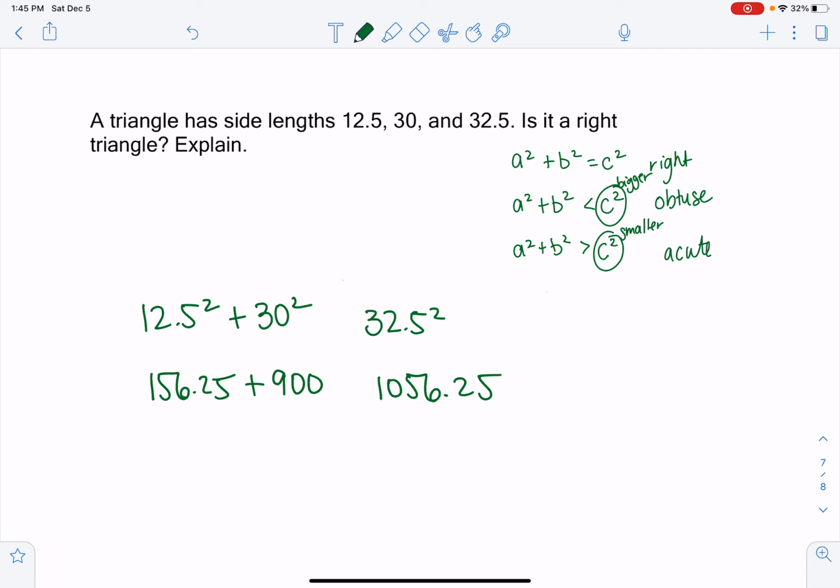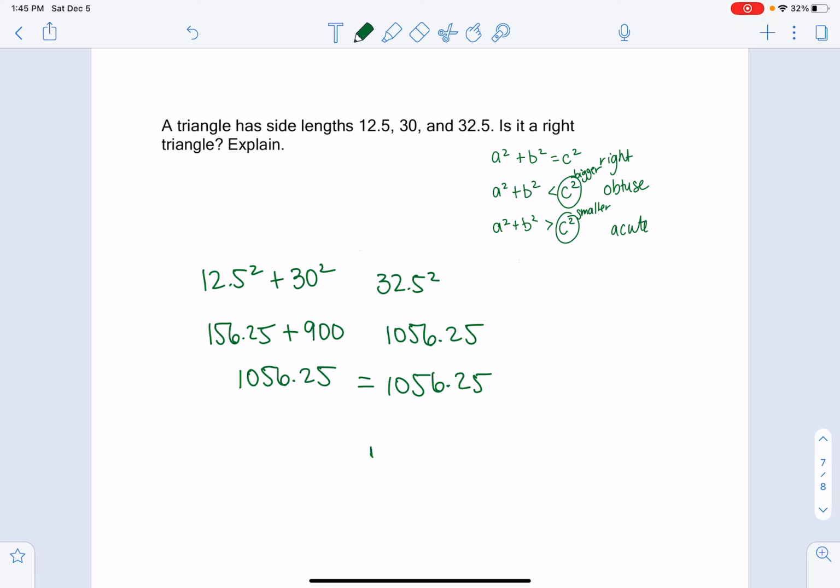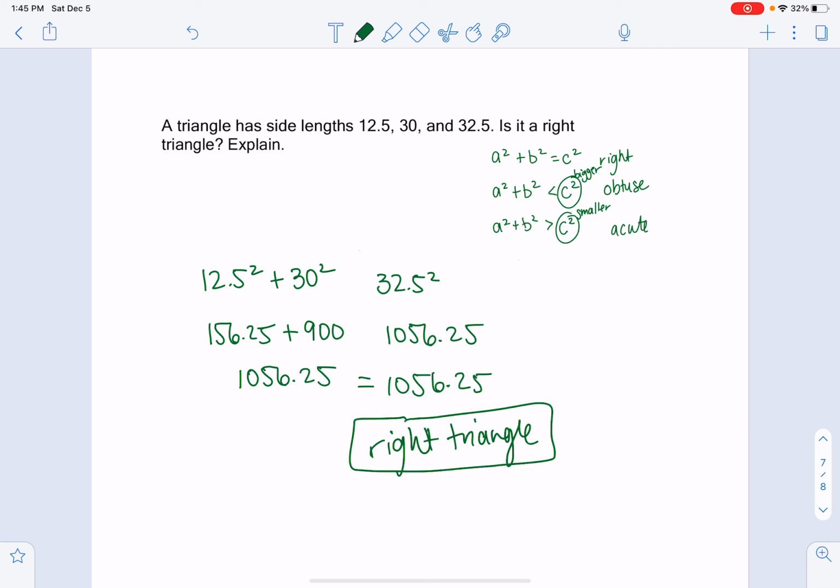So these two added together is 1056.25. This is 1056.25. And since those are equal, we can say it is a right triangle. And our reasoning there, I'll explain it verbally, is because the Pythagorean theorem does work. a squared plus b squared does equal c squared. So it's a right triangle.